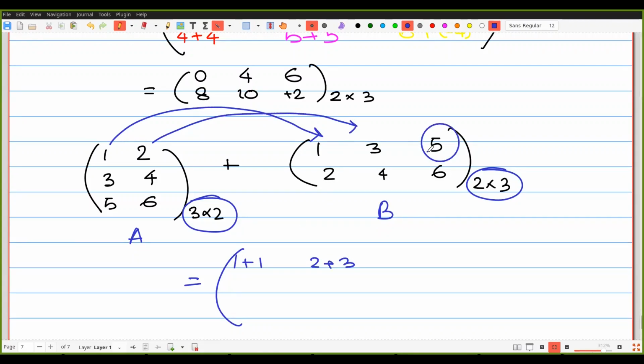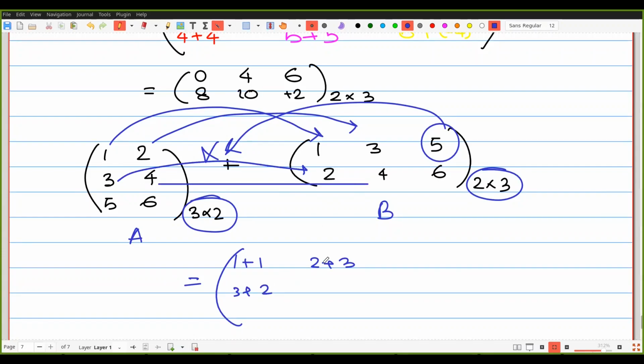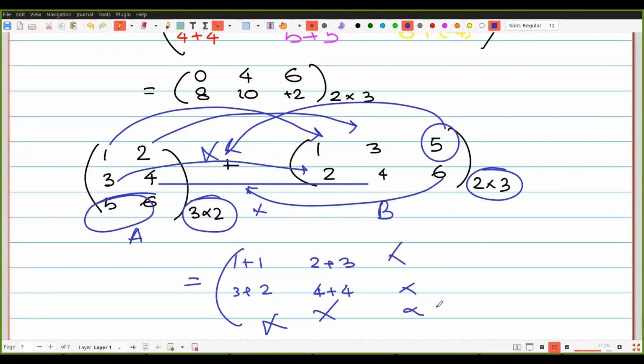Then what to add with 5? There is nothing. Same as 3 plus 2, then 4 plus 4, that is right. Then what to add with 6? There is nothing. So we cannot proceed with that type of addition. Not possible.